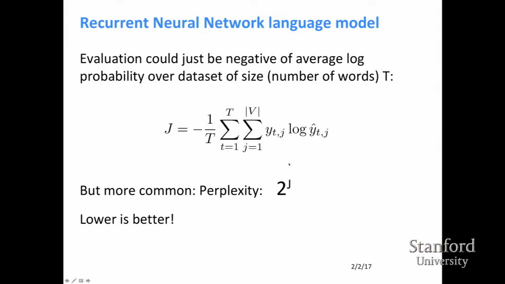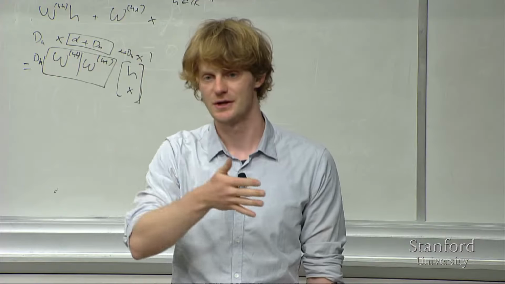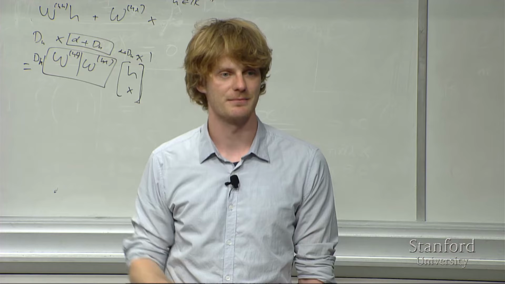That's just 2 to the power of this value, and hence we want to be less perplexed. The lower our perplexity is, the less the model is confused about what the next word is, and ideally we assign a higher probability to the word that actually appears in a longer sequence at each time step.